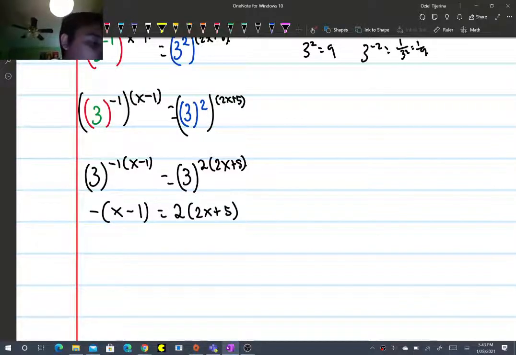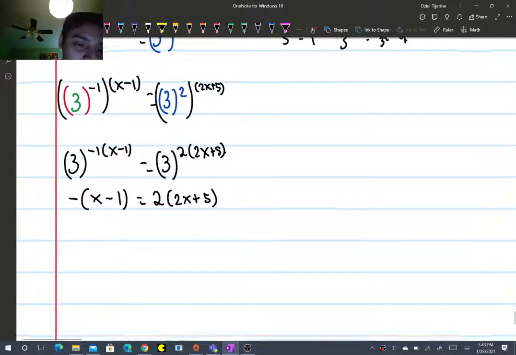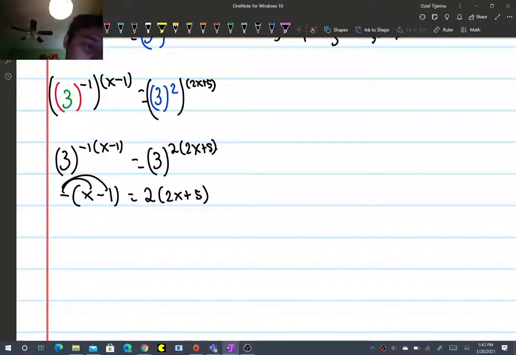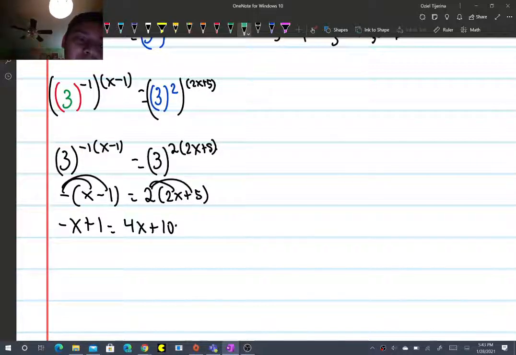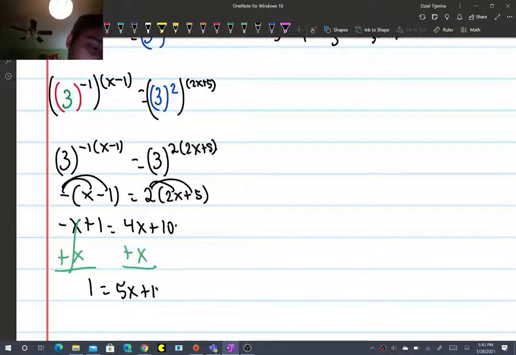Now you're going to go ahead and distribute your negative, and you're just going to say negative x plus 1 equals 4x plus 10. And then you have another linear equation here. You're going to add x to both sides. This will give you 1 equals 5x plus 10.